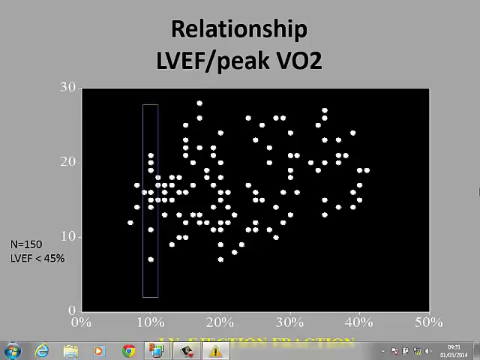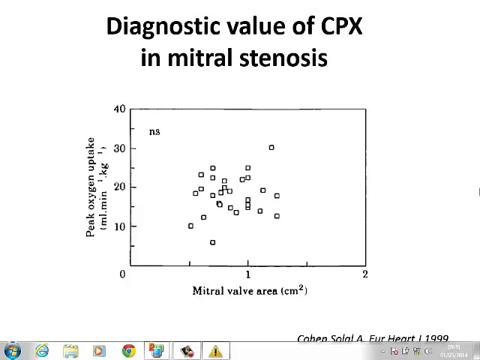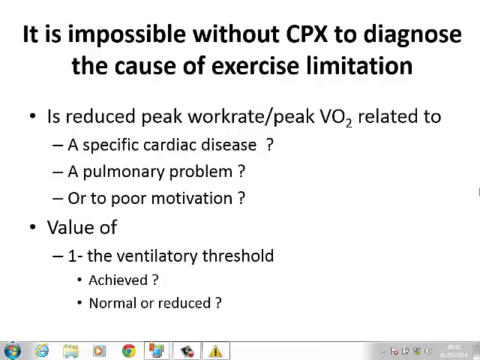For example, if you take the patient with an ejection fraction of 10%, peak VO2 can range from 7 to about 25 ml per minute per kilogram. There was a talk by Alec Vahanian yesterday about valvular disease. The same applies for valvular disease. There is no relationship between the mitral valve area and the peak VO2 in these patients with valvular disease.